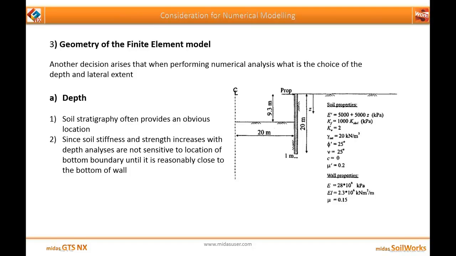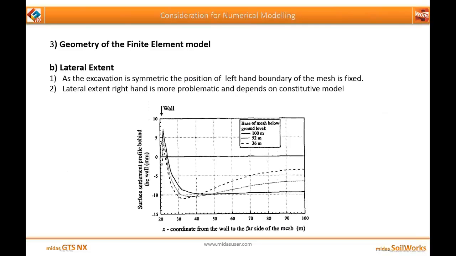Since soil stiffness and strength increase with depth, analyses are not sensitive to the location of the bottom boundary until it becomes very close to the bottom of the wall. So for depth, one shouldn't choose a boundary very close to the wall, to ensure proper results.